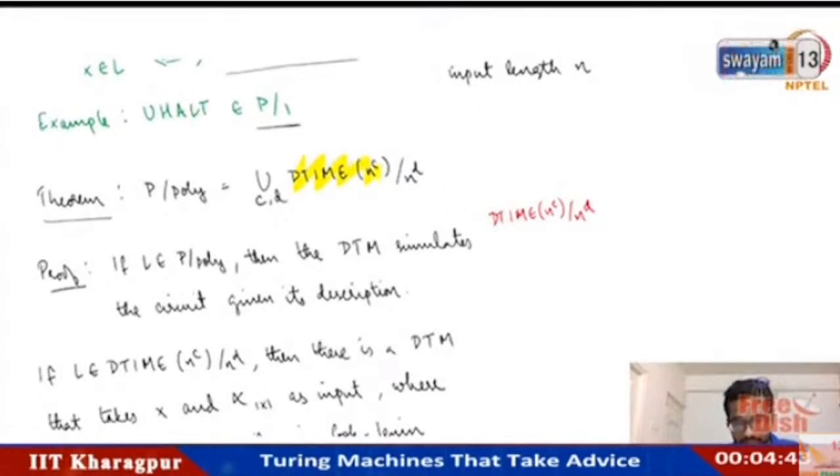So the very obvious or immediate thing to guess will be the description of the circuit. For each input length there is a different circuit. So this n^d advice could describe the circuit for length n.